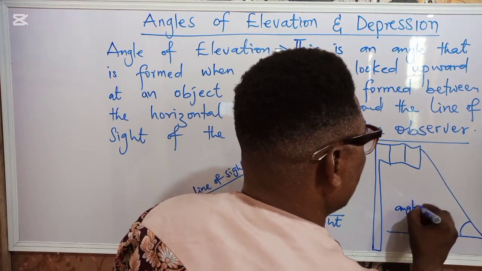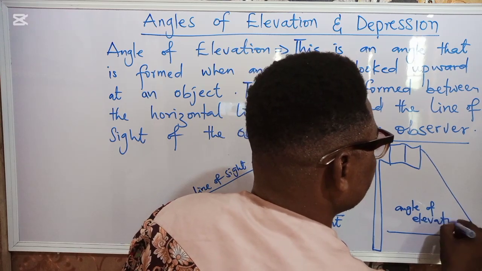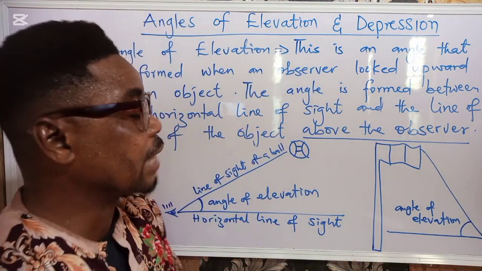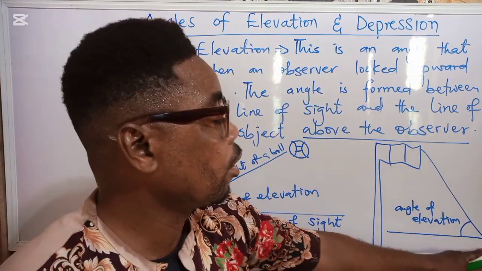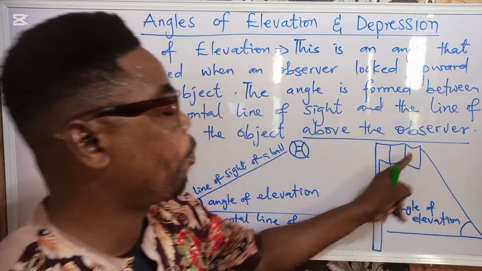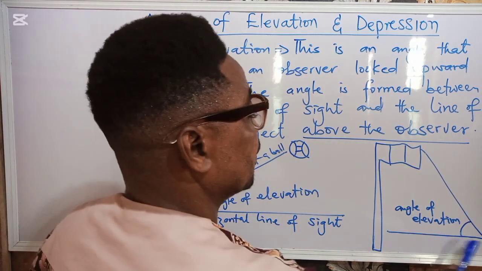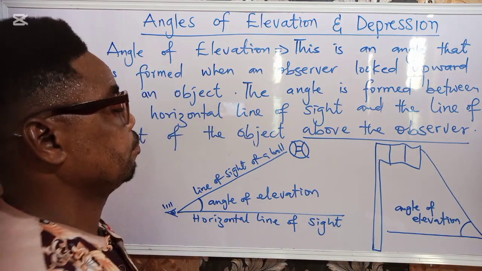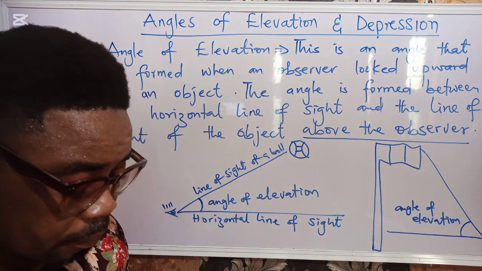Let's write it here. Angle of elevation. So this is angle of elevation that is formed here. Why? Because the boy is actually looking up. Anytime you are looking up, then you form an angle between the horizontal line of sight and the line of sight of the object. And that is what we have just gotten, angle of elevation.